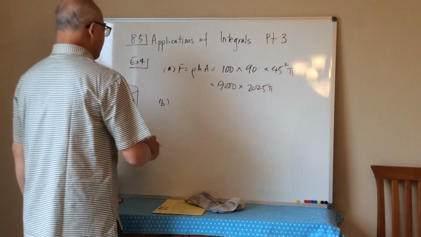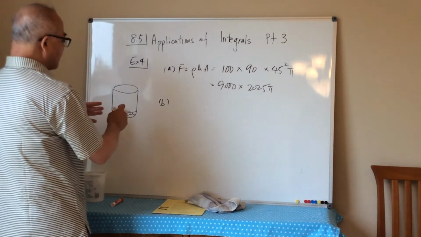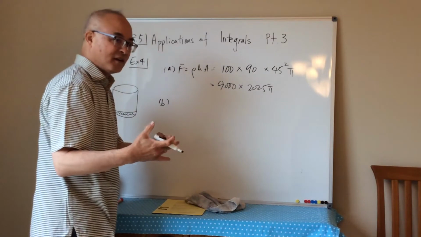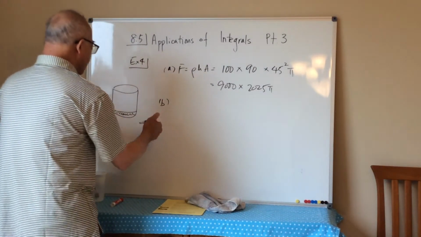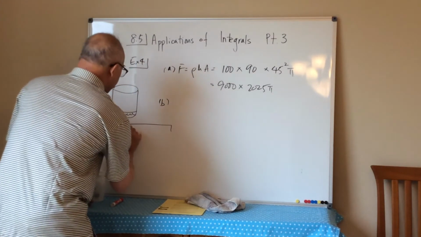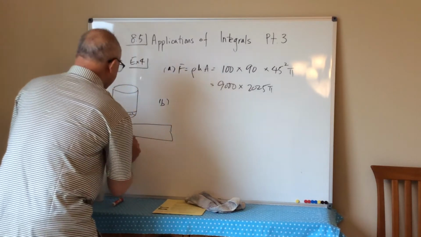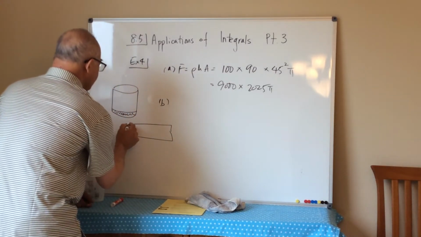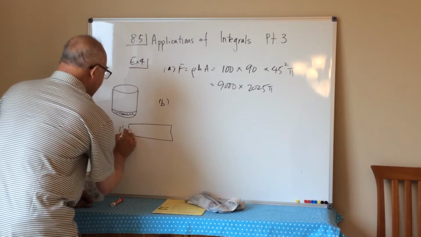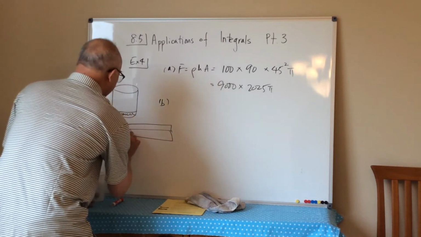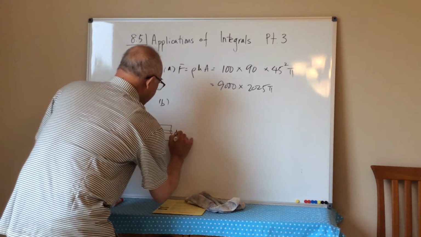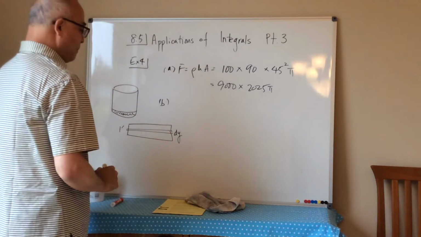So if I do the cylindrical shells, and I cut this and bring it open, I'm going to get a strip that looks like this. This is going to be 1 foot, right? Because this is 89 to 90, and I'm going to have a dy here, right?